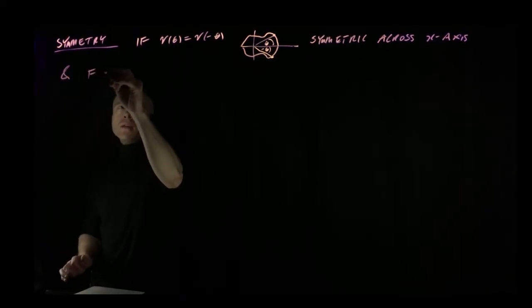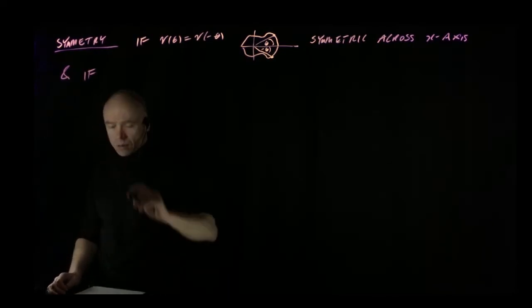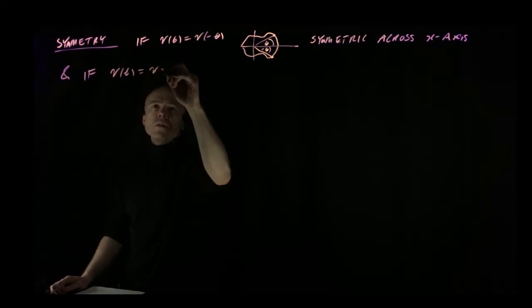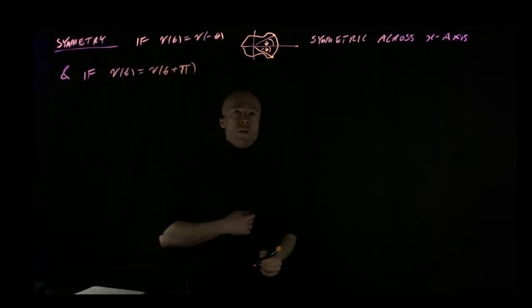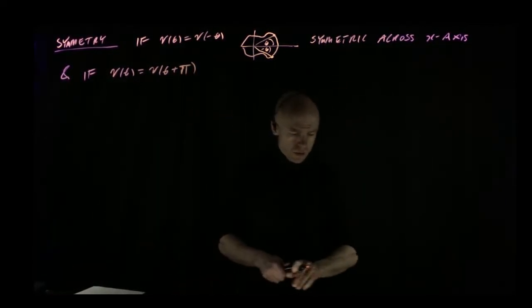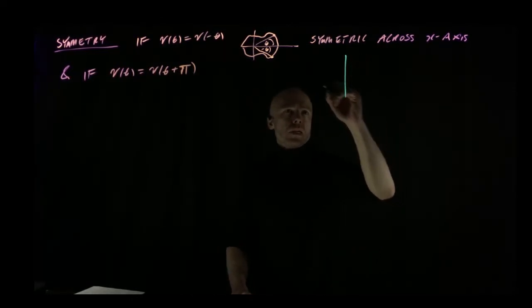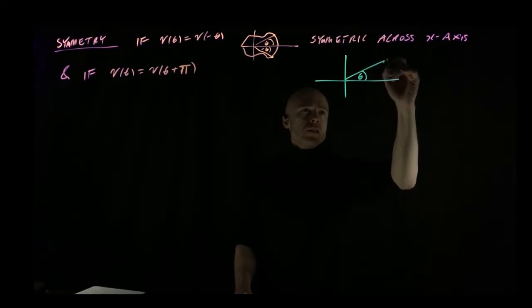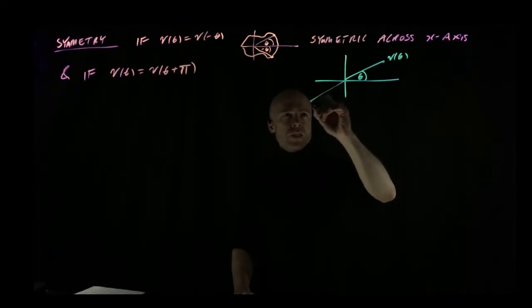And if we have that r of theta equals r of theta plus pi, then what happens? Then, change colors. If we have something like this, if this is theta and this is r of theta, then r of theta plus pi is the opposite angle right here.